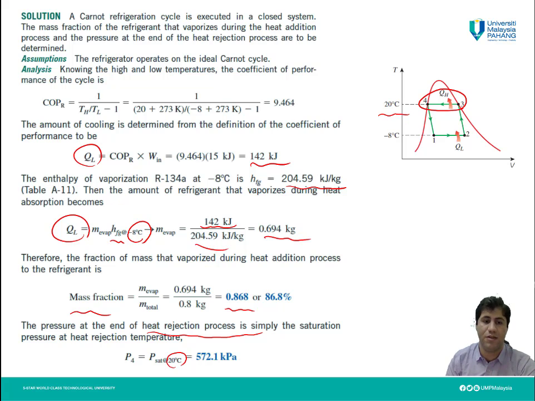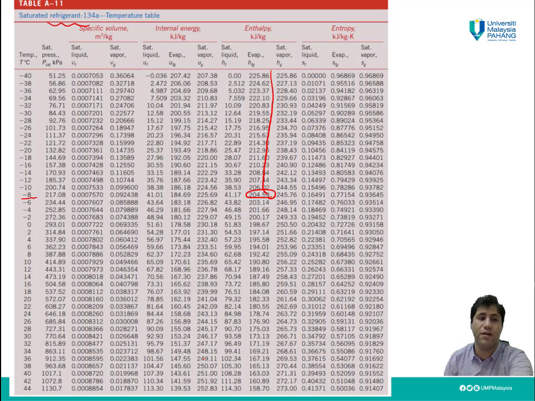The temperature here is 20 degrees Celsius, so the pressure at stage 4, or at the end of the heat rejection process, is the saturated pressure at 20 degrees Celsius, which we can find from the table, which is 572.